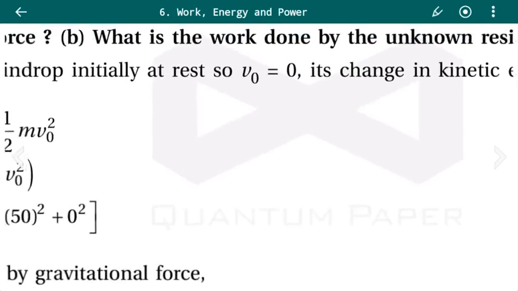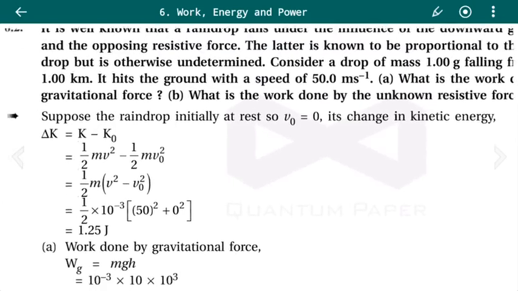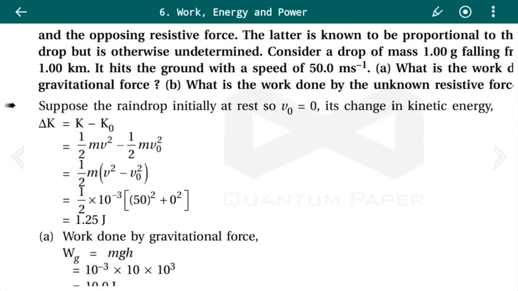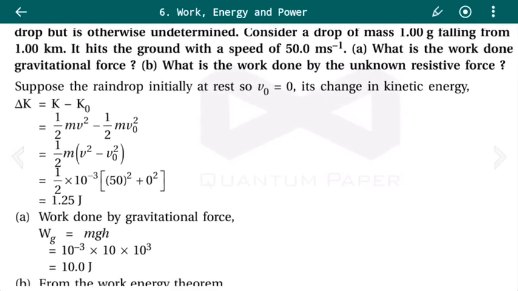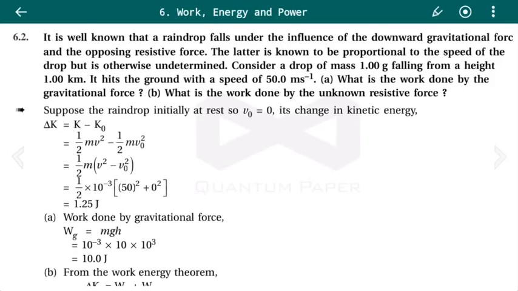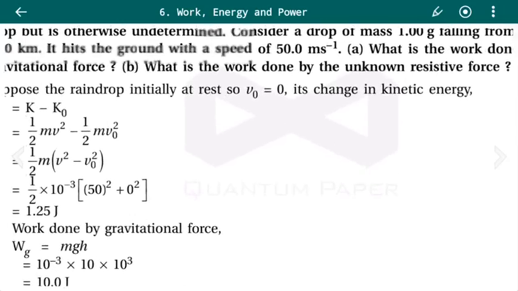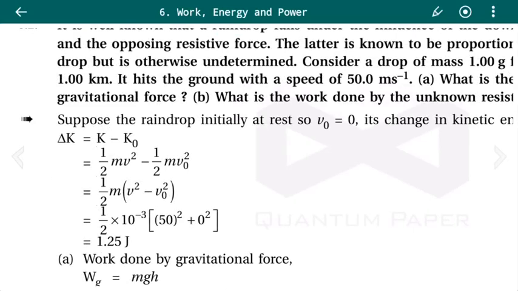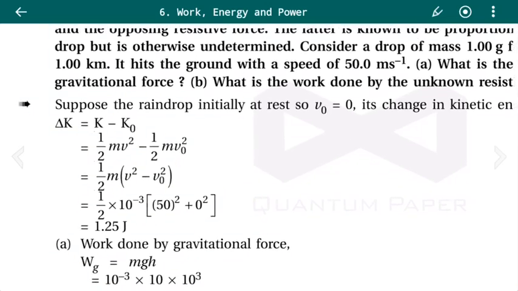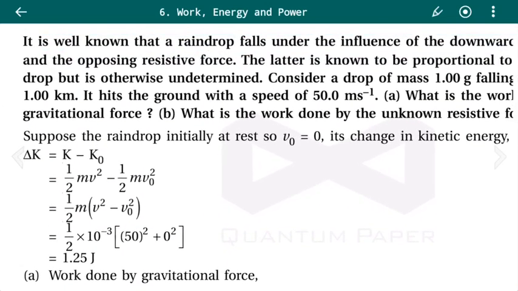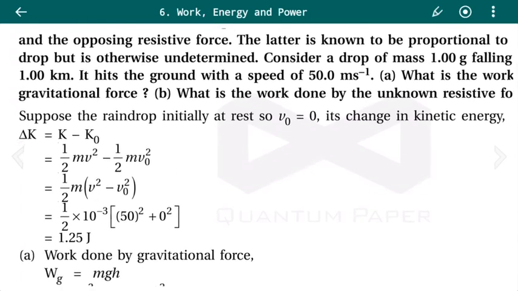So here, suppose the raindrop is initially at rest, so v0 equals 0. Thus its change in kinetic energy is delta K equals K minus K0. Here we have seen that the raindrop is falling to the ground, and we have to find the work done when it drops from a height of 1 kilometer.